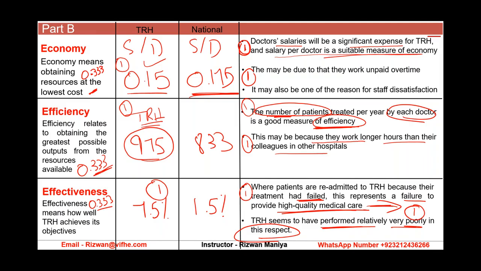Now, let's summarize what happened. Because we saved by not paying overtime to the staff, our economy went good, right? We asked them to work for longer hours, so they treated more patients.